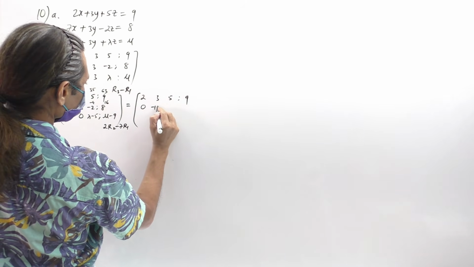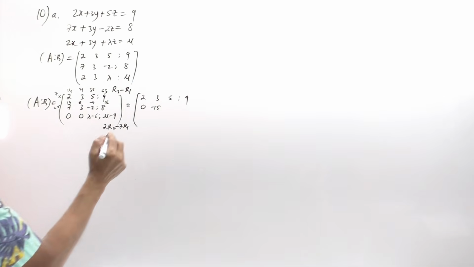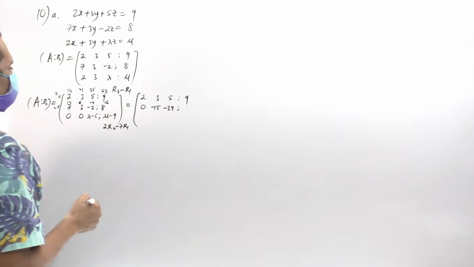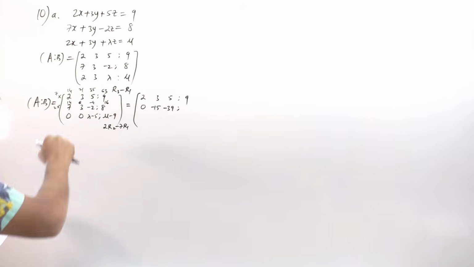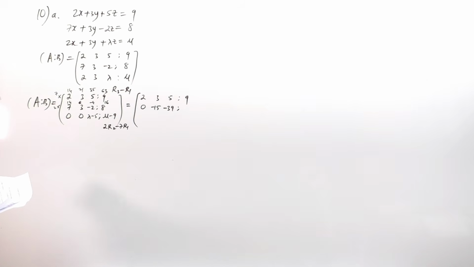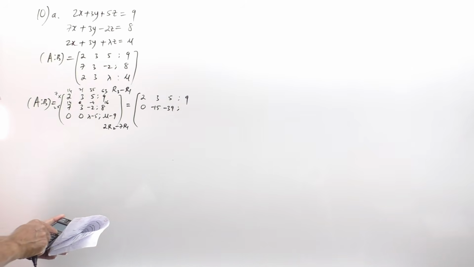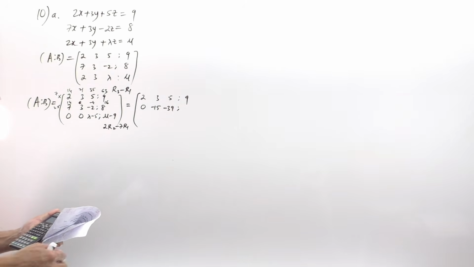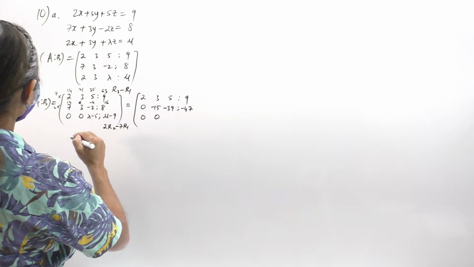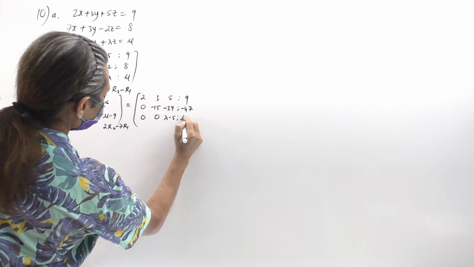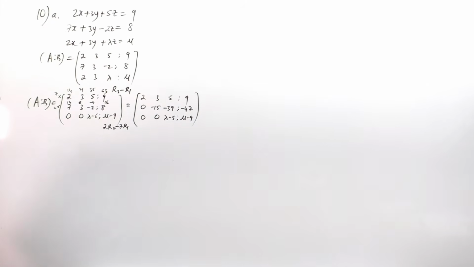Then 0, 6 minus 21 is minus 15, minus 4 minus 35 is minus 39, and 16 minus 63 is minus 47, and the last row will be 0, 0, lambda minus 5 and mu minus 9. Okay, so I think we are done here.